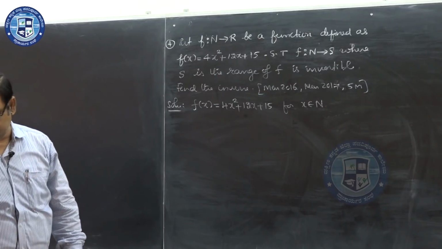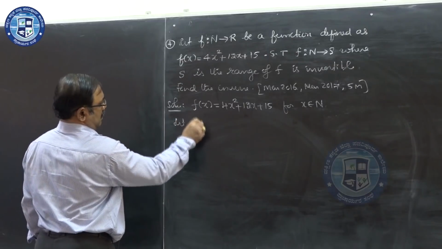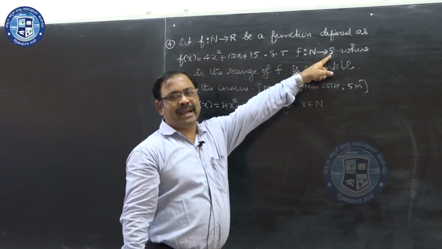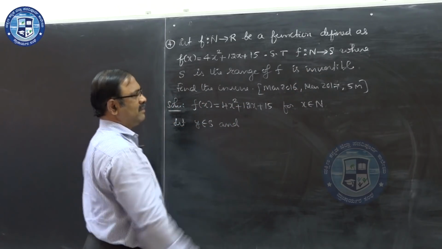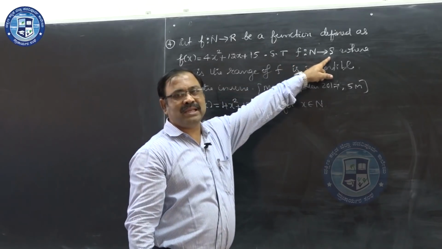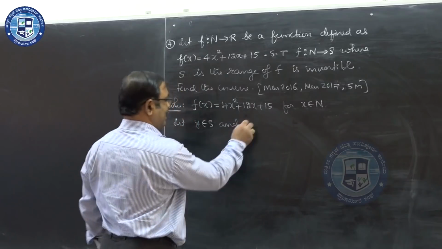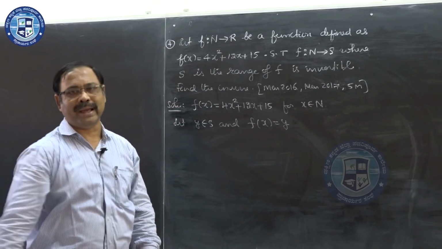So let us write, you take an element y belonging to S, and then x is belonging to N. Then how do you write the function? What is f of x? f of x is equal to y.